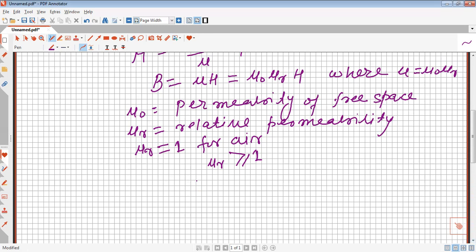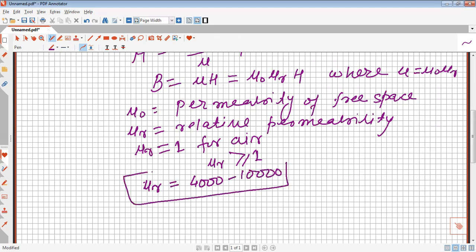Some of the data I'm writing here: magnetic materials such as iron, steel, and certain alloys, by virtue of their inherent property, induce a much larger flux density. The mu r of the material generally lies in the range of 4,000 to 10,000.